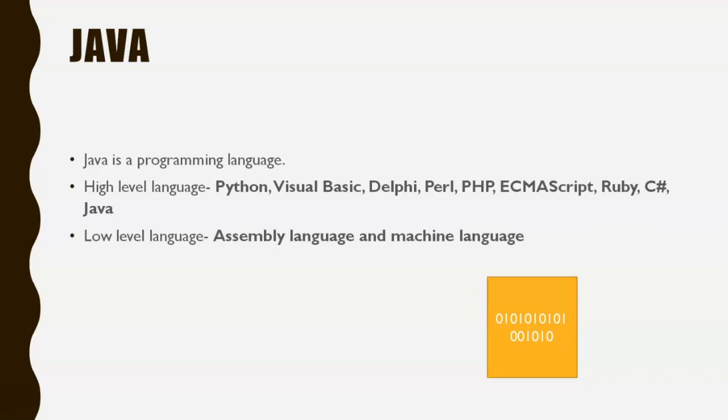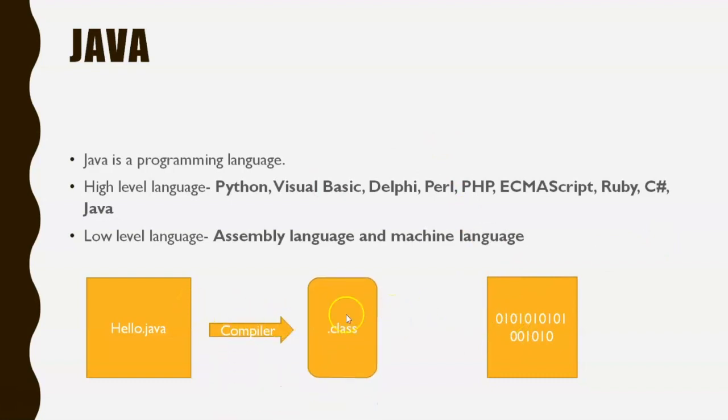Whereas high level language is something developers can understand. If you write a Java program, you can understand it by reading the statements, but the computer cannot understand that Java. So for that, you need to compile the program into an object file or class file.